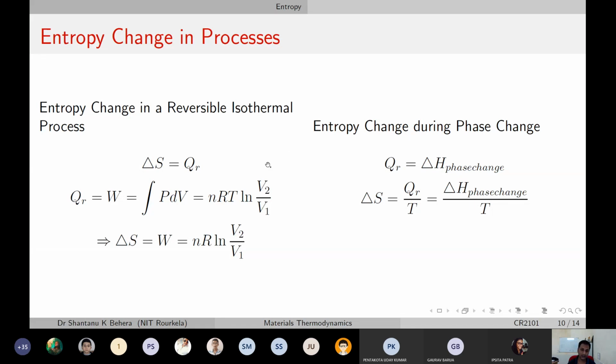Say if an S curve is like this, and at this point it stops and then starts from here and goes like this, this is for the solid and this is for the liquid, and the discontinuity here is actually going to be the del S for phase change, right?